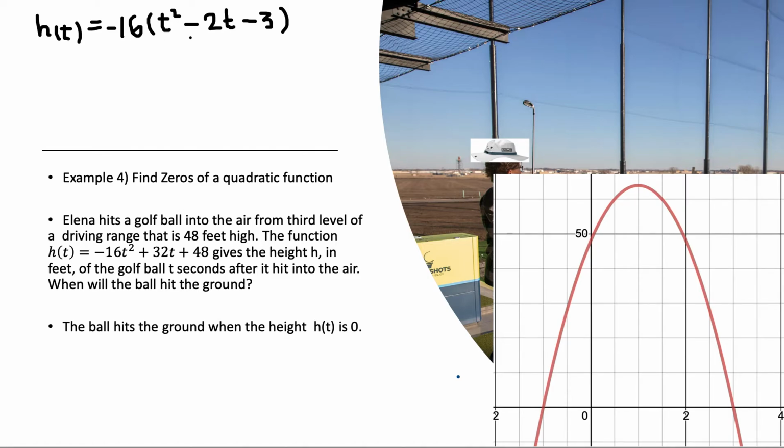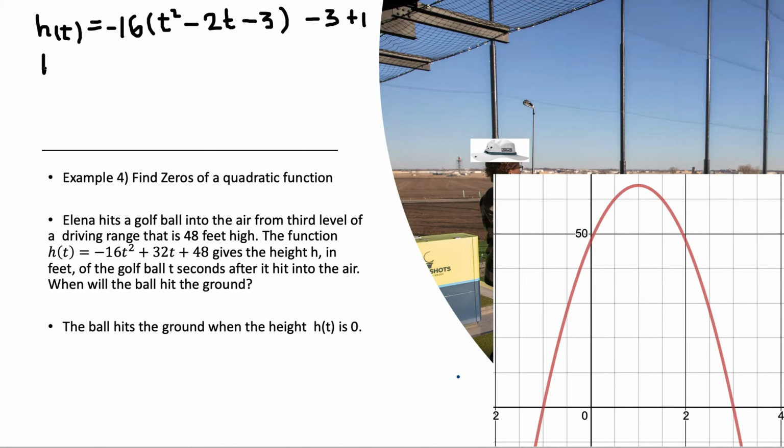Now, this one here, we want to factorize. What are the good factors of 3 that I can use to reach minus 2? The good factors of 3 are minus 3 times 1. And minus 3 plus 1, I can reach this minus 2.